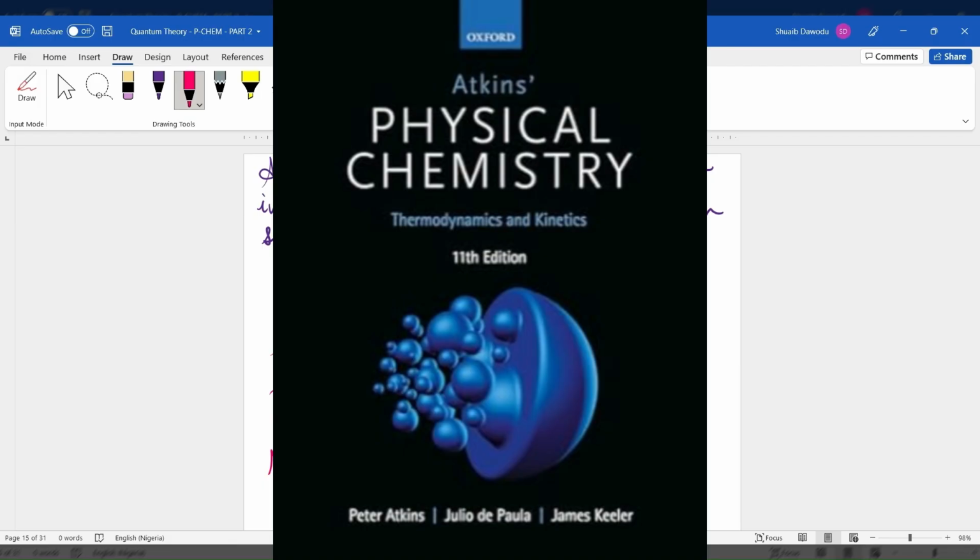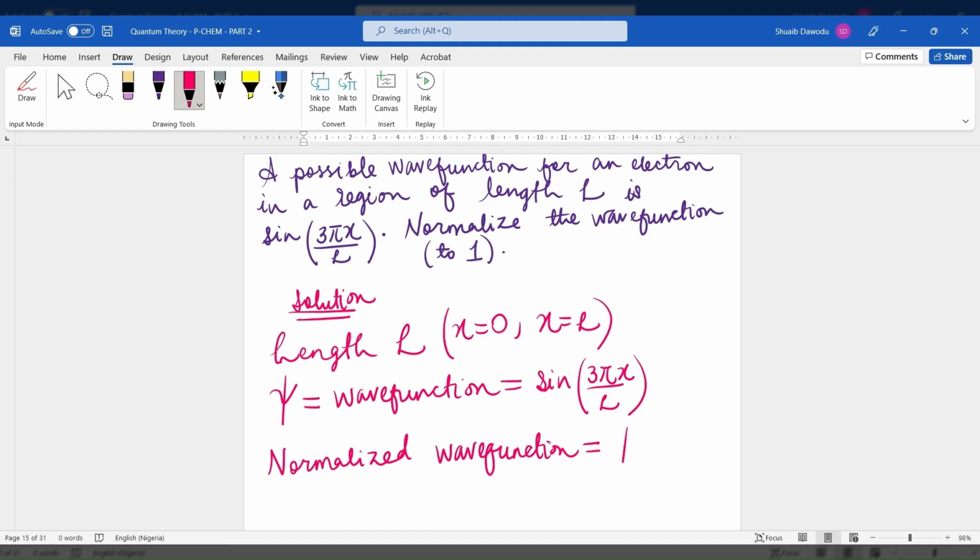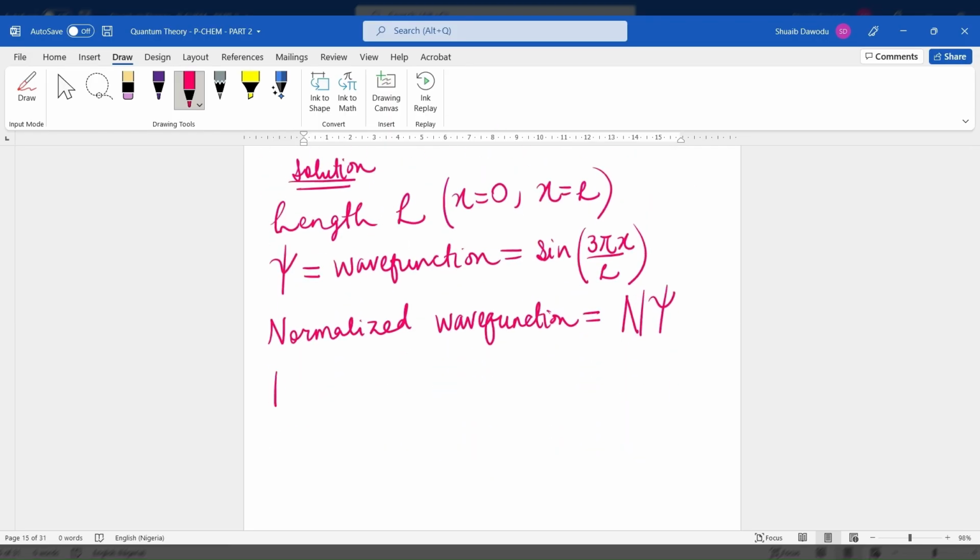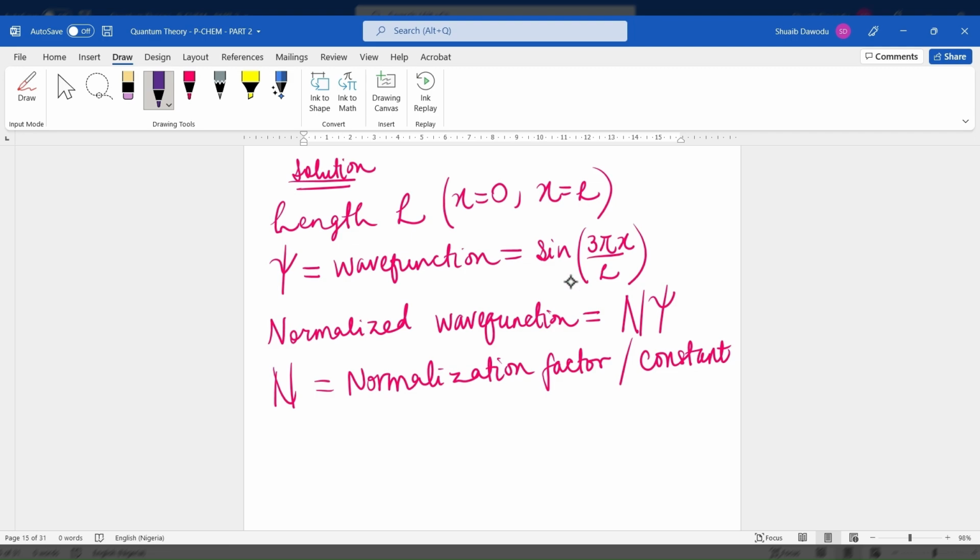So the normalized wave function would just be the value N times the wave function, where N is what you call a normalization factor or a normalization constant. So basically, our final answer is going to be a normalized wave function, and it's going to be the value of N times the wave function.